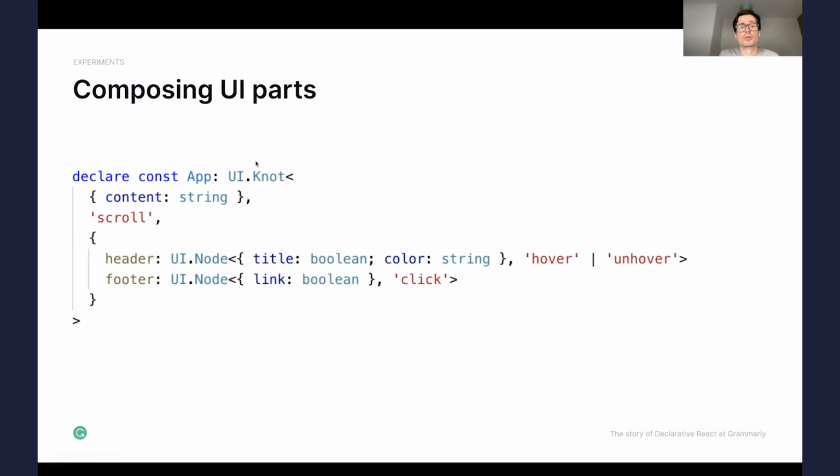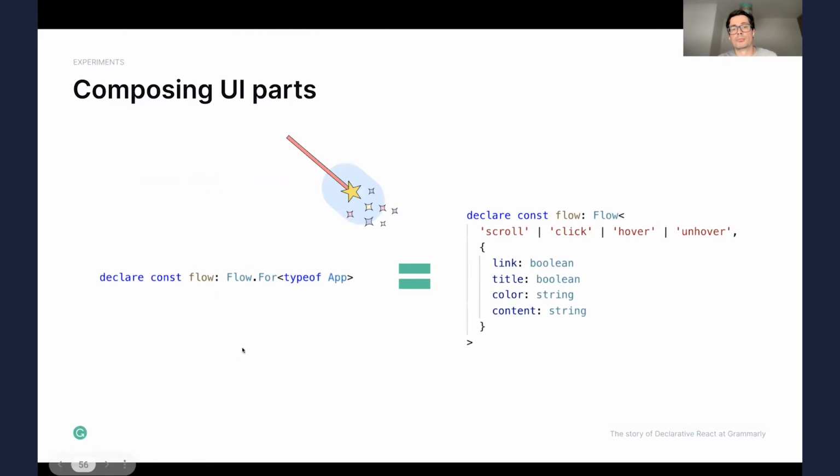So if we use UI node, which is one of the abstractions that Embrace provides, we could compose those things together, and Embrace would magically produce the type of the application that we get as a result. So the type would be all those things that those components have, right?